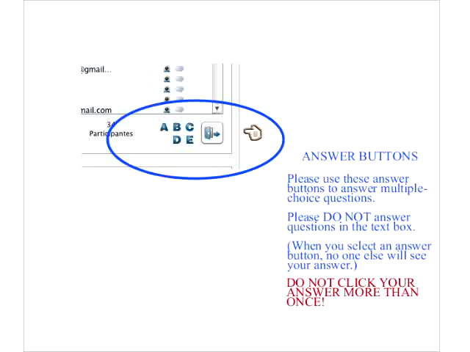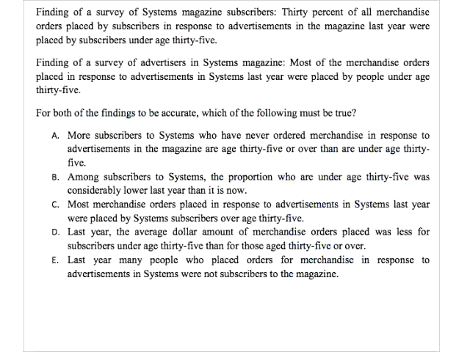All right, let's do it. I'll put a question on the board in just a second. Okay, here you go. Here's a question. Please use the answer buttons. Good luck.